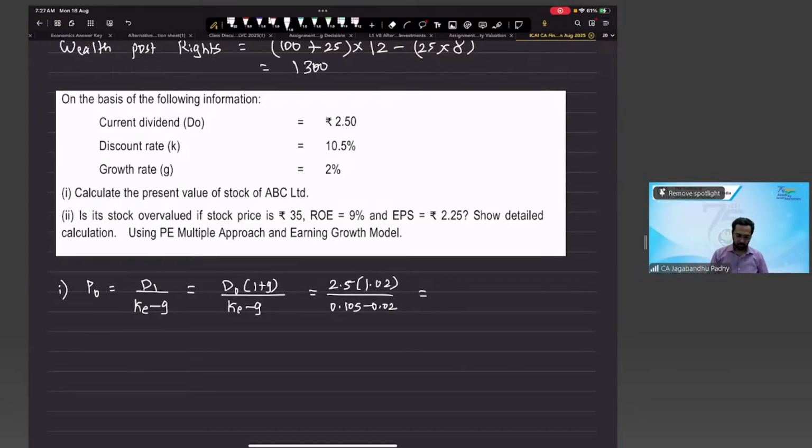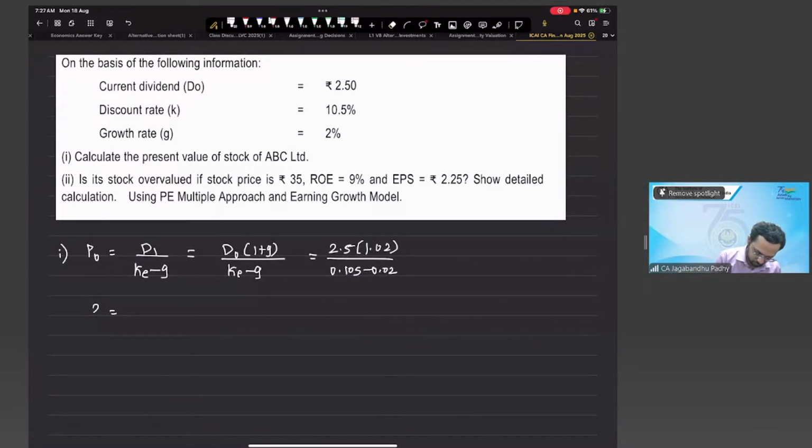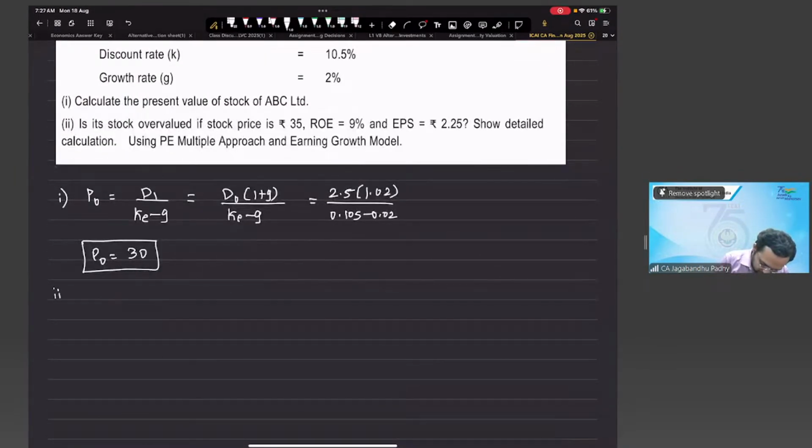So what is this value? ₹30. So price is 30. That's for the first part of the question. Now the second part says, is the stock overvalued if the stock price is 35 and EPS is 2.25?